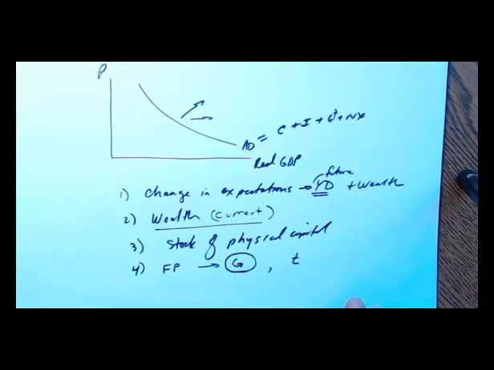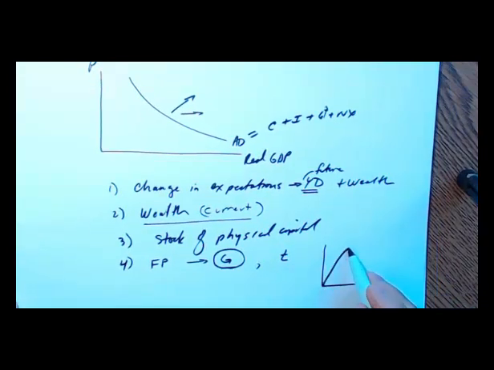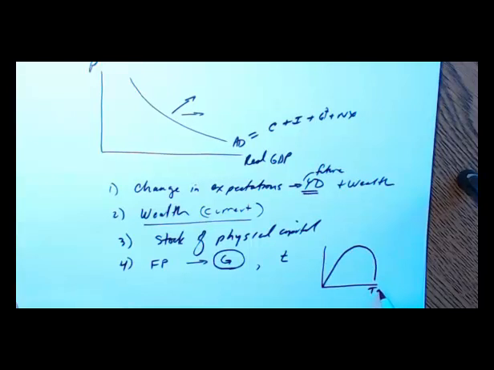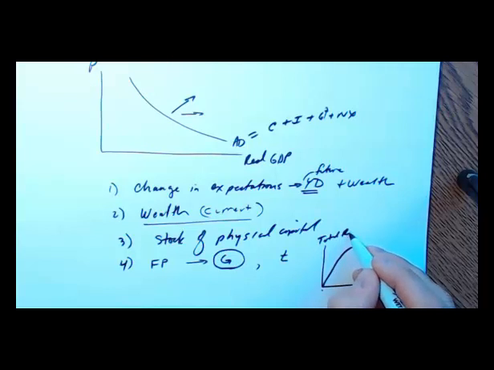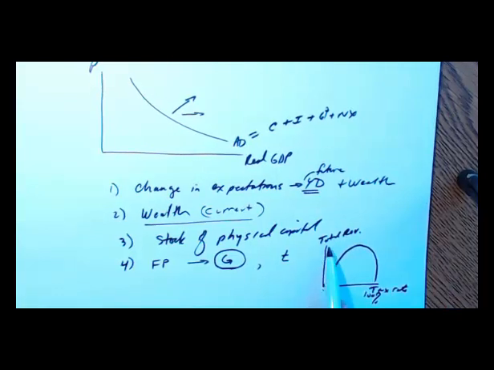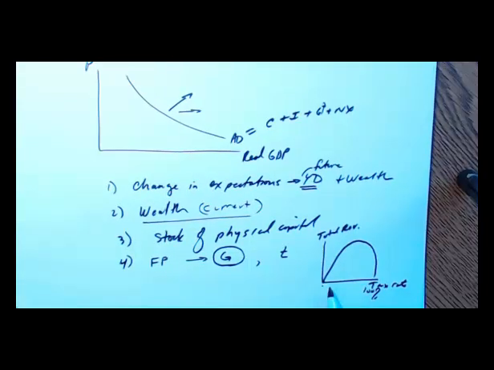And obviously, the more you get taxed, remember the old Laffer curve that I showed you. If you have a tax rate here, it starts at 0, goes all the way up to 100%. Here's your tax rate, and this is your total revenue collected for the government through taxes. So when you have a 0 tax rate, the government collects no revenue.